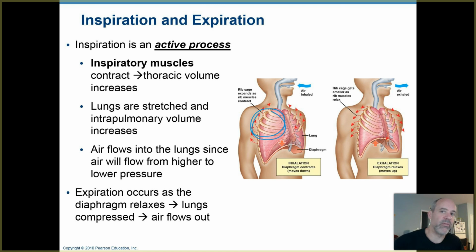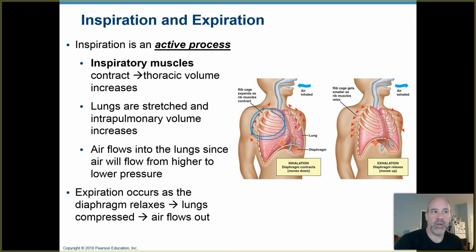So they're also involved in increasing the volume so that the pressure goes down and air will flow into the lungs. And then as those muscles relax and the diaphragm relaxes, that's also helping to decrease the volume of the thoracic cavity, which forces air out of the lungs.